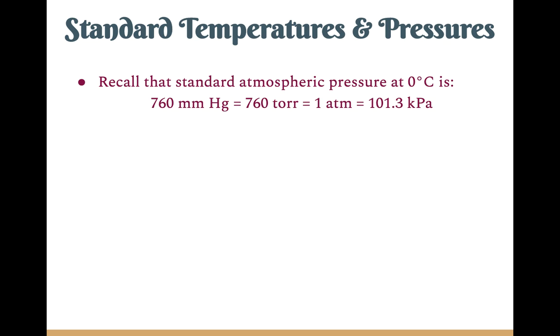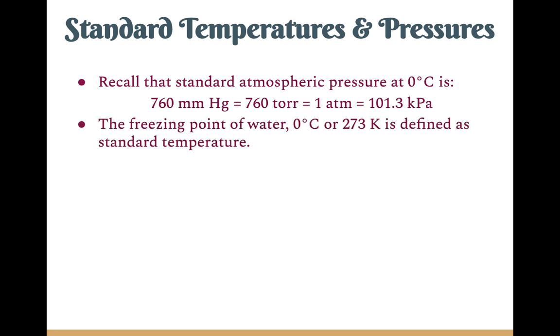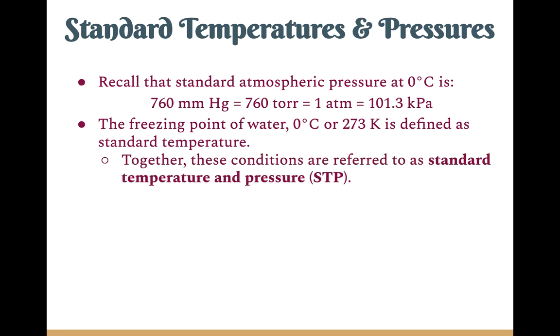And that 0 degrees Celsius, which is the freezing point of water and is also 273 Kelvin, is defined as standard temperature. Together, those conditions are referred to as standard temperature and pressure, or STP. Whenever you see that acronym STP in a question, you know you're dealing with 1 atmosphere and 273 Kelvin.